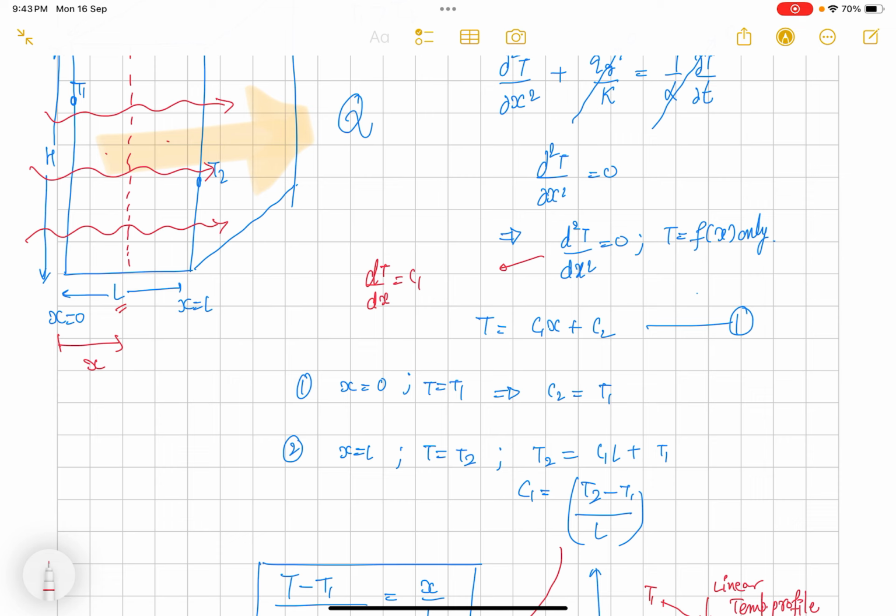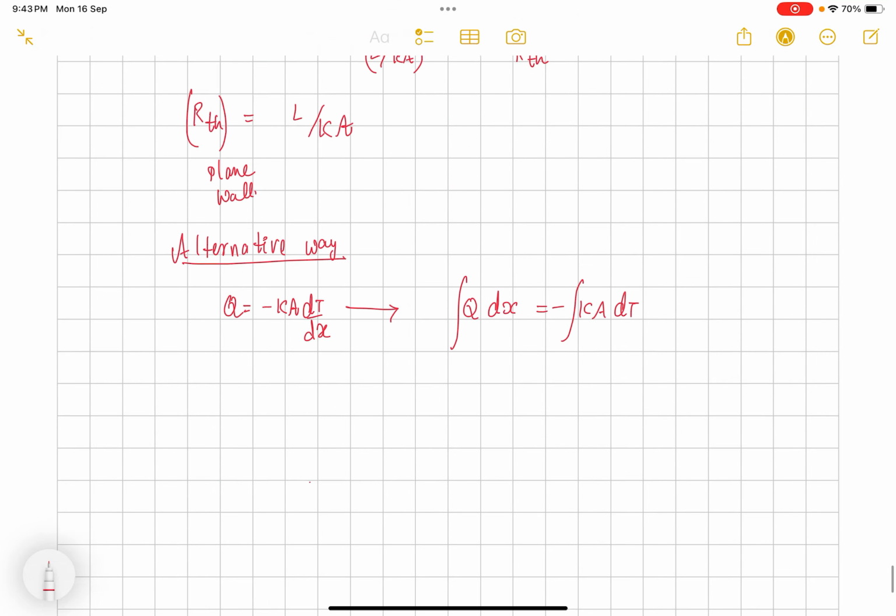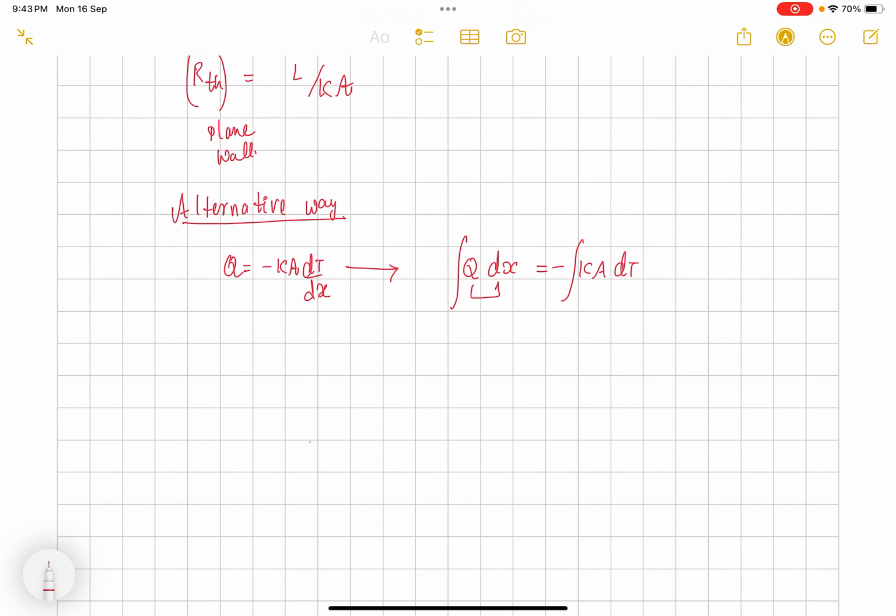So whatever heat is coming from surface 1 will cross surface 2, and there is no change of the heat Q with respect to x. So we can take it out.